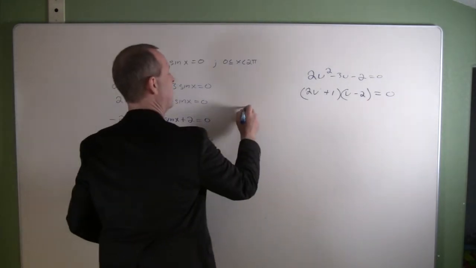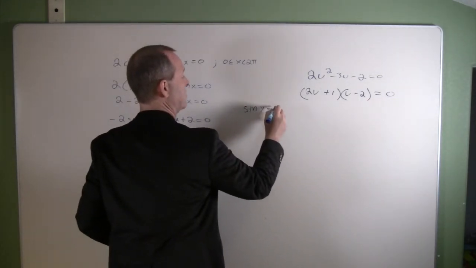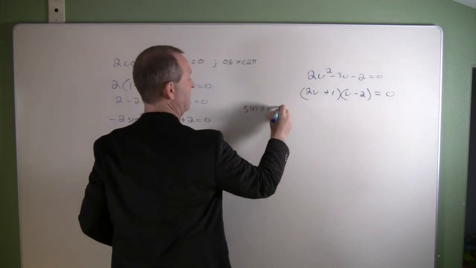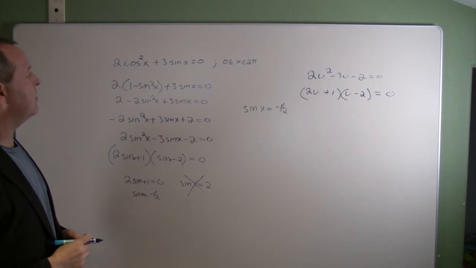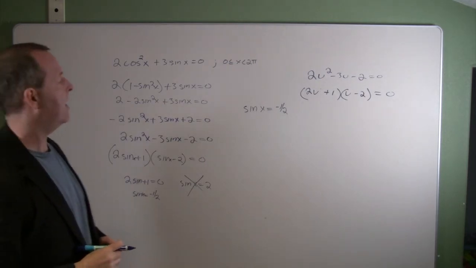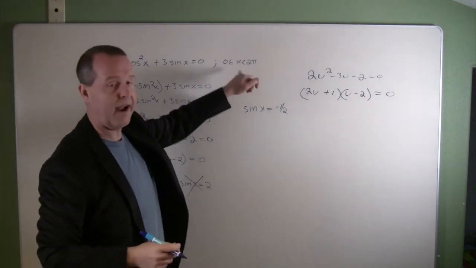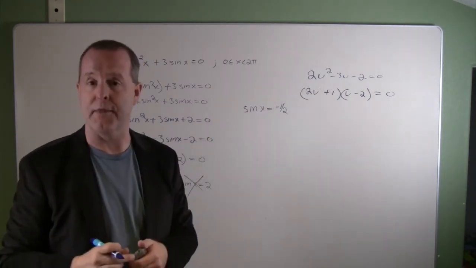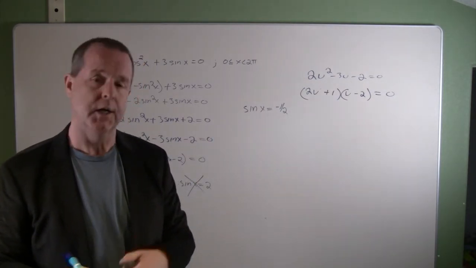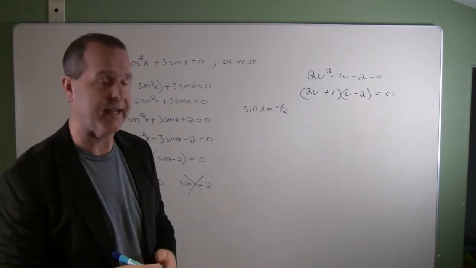However, with the other one, sine of x equals -1/2, I want to find out where I have a -1/2 sine value. That's going to occur in the third and fourth quadrants. To begin with, I'm going to find my acute angle.